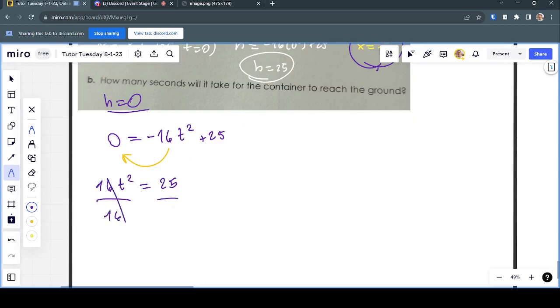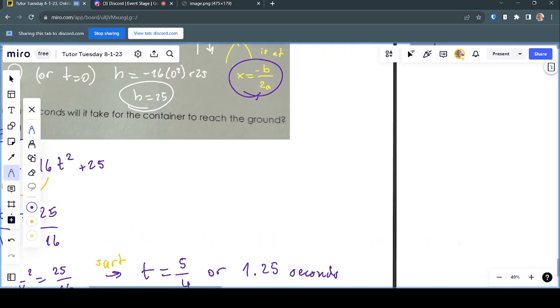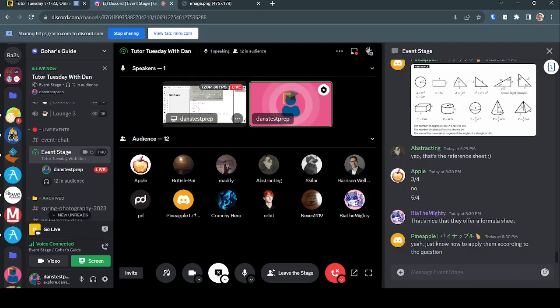Divide by 16 to get t squared is equal to 25 over 16, and then take the square root to get t is equal to 5 over 4, or 1.25 seconds. Hopefully that one's all clear.